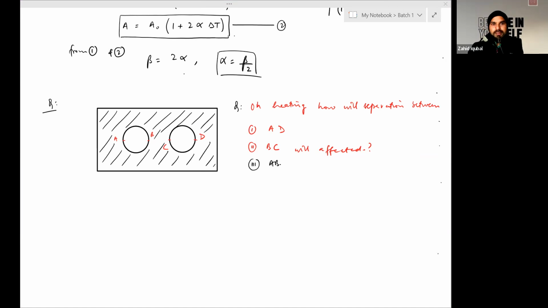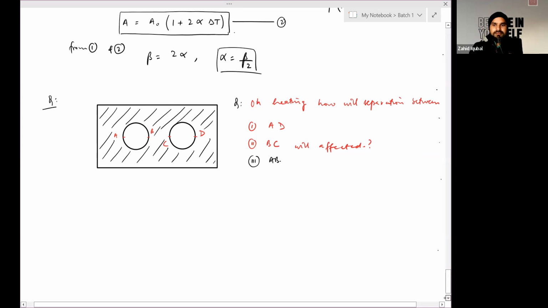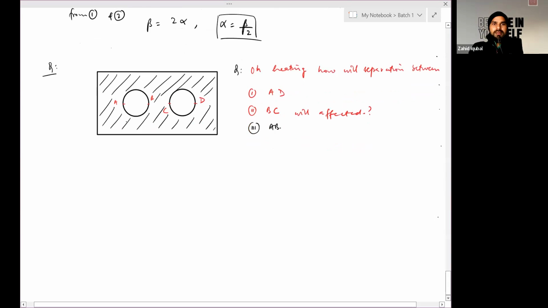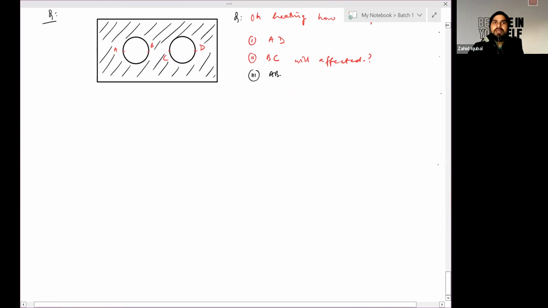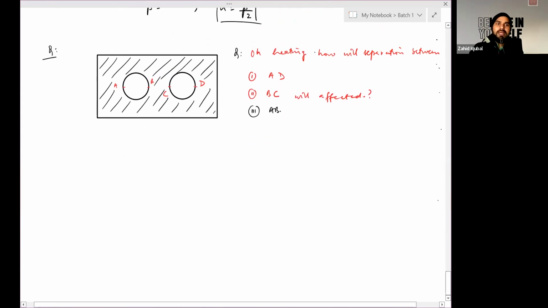Let me give you some hint how to simplify this part. First thing, this whole arrangement will be nothing but arrangement of particles. And if there is hole, then arrangement of particles will be all around its circumference like this.